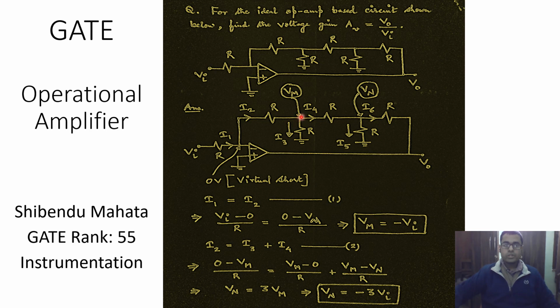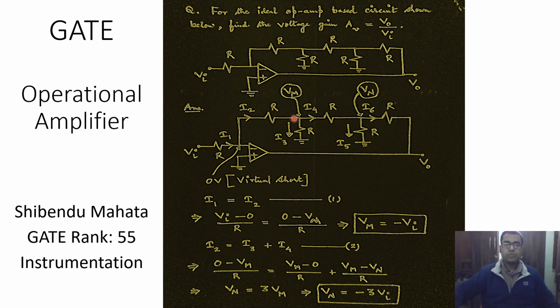So next we consider this to be another node and we apply KCL to it. If this is the incoming current I2, there are two outgoing currents. One is I3 and the other one is I4, and therefore we can write I2 is equal to I3 plus I4. And we can proceed as before.